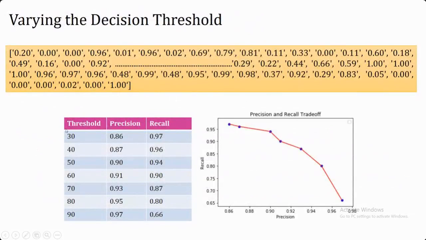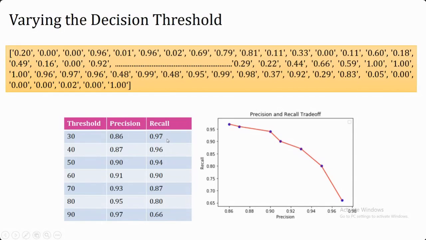Here I have plotted this for one of the data sets, and we will see how we plotted it. I have varied my threshold from 30 to 90, and based upon this varied value, I'm getting different precision and different recall. As you can see, as I'm increasing the threshold, basically increasing my confidence level, my precision is increasing but my recall is reducing.